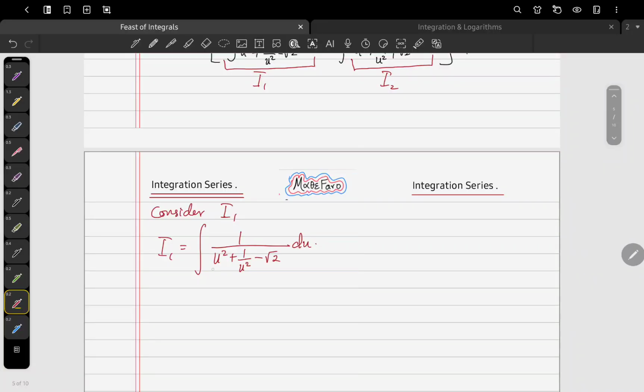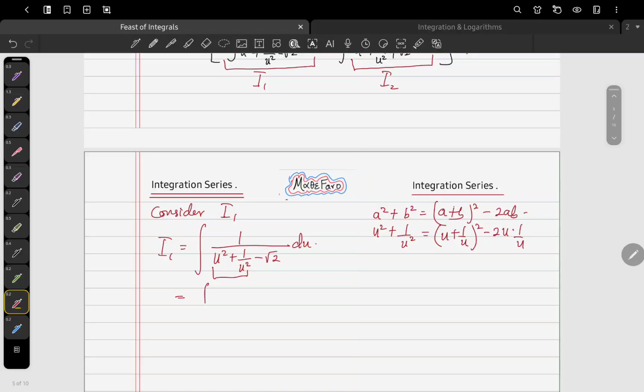Again, this is a sum of two squares. You remember a squared plus b squared is equal to a plus b all squared minus 2ab. So in this case, u squared plus 1 over u squared is equal to, well, our a is u, our b is 1 over u, minus 2 times u times 1 over u.